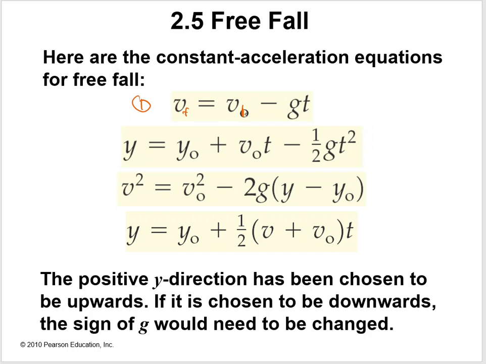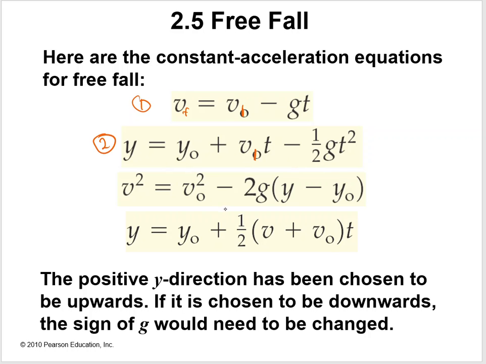So I do know Vi. That's 0. What's pulling on it? Gravity. I know that, but I don't know time. I don't know Vf. I can't solve for 2 variables. So I'm going to say that equation 1 doesn't do me any good. Let's go to equation 2. This is my Vi. But there's no Vf in this equation, so I could probably solve for it, maybe, maybe not, but it's not going to give me what I need.